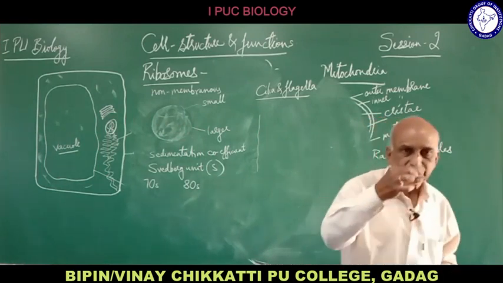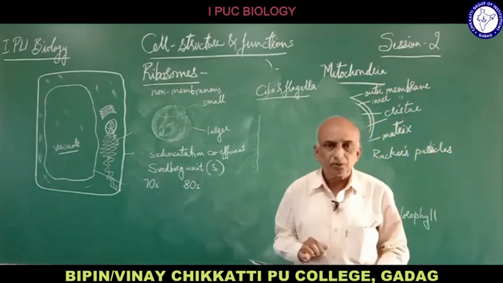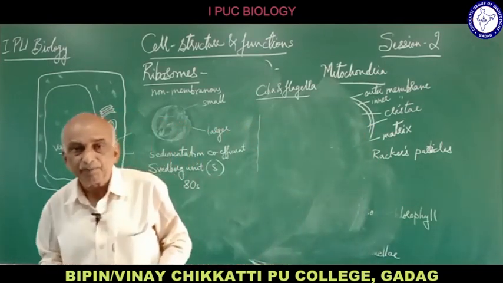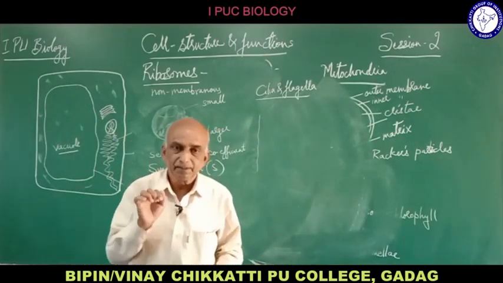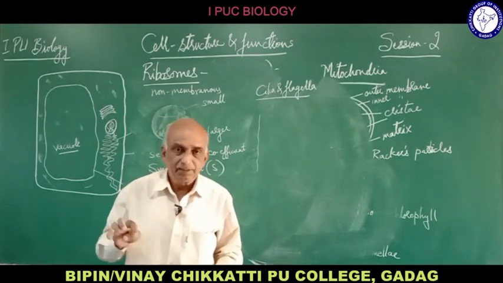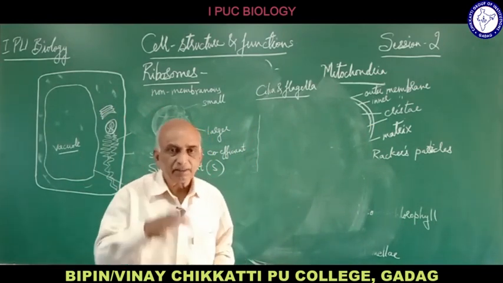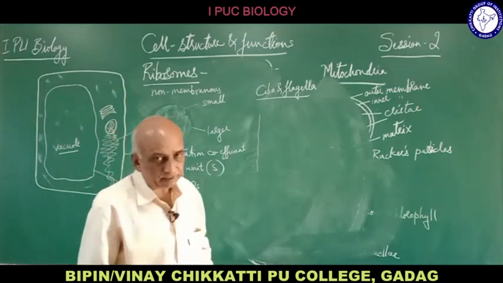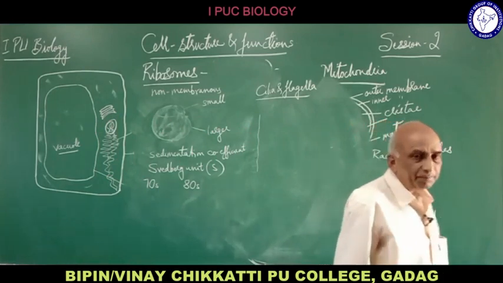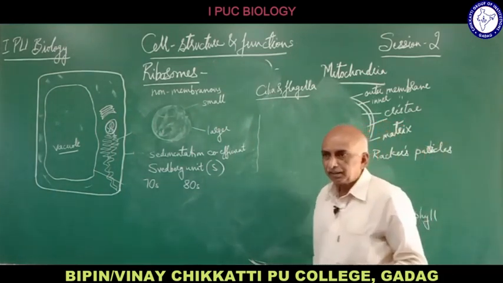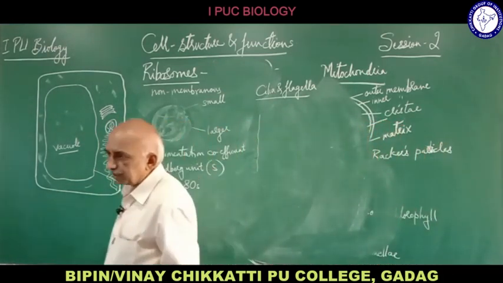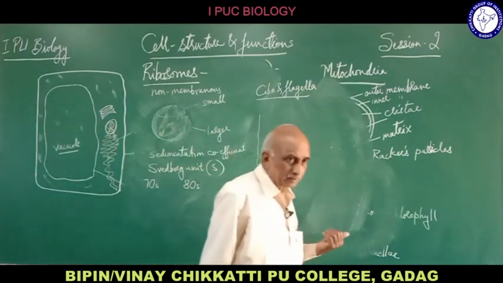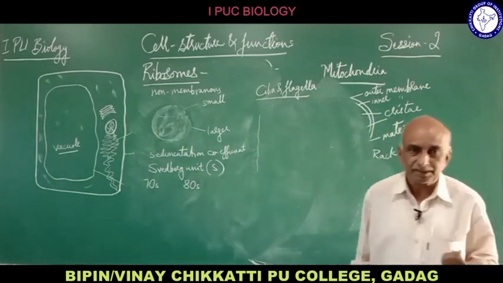In the center there is a pair of microtubules, and around that there are 9 doublets, so 18 microtubules in other words. These form the axoneme of the cilia and flagella. Their function, as we know, is to help in locomotion. Flagella, especially in some organisms like Euglena, help in locomotion. Certain bacteria also have flagella.